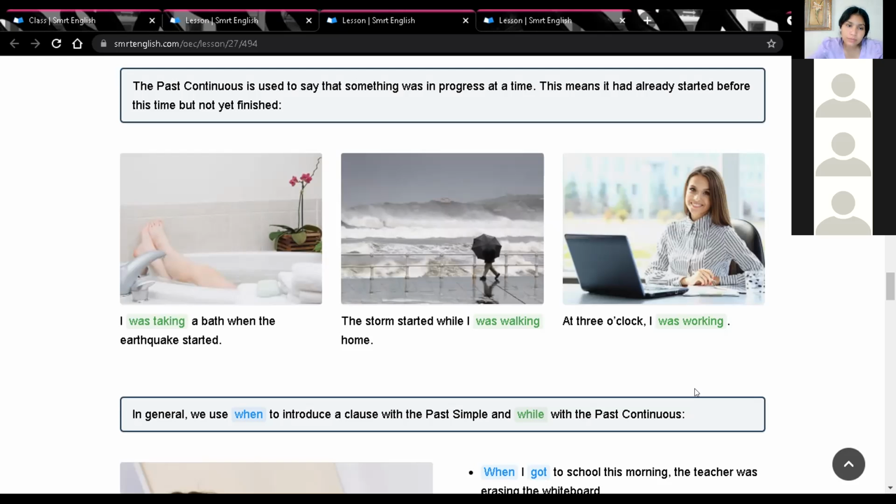This verb start is in past or past participle? It's past simple. What I have underlined, or highlighted better, is the past continuous. But if you notice here, we have the simple past. That's what I am showing you. Give me a second, please.